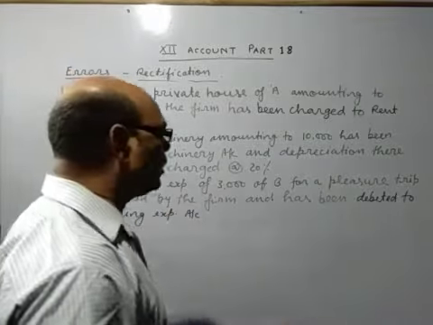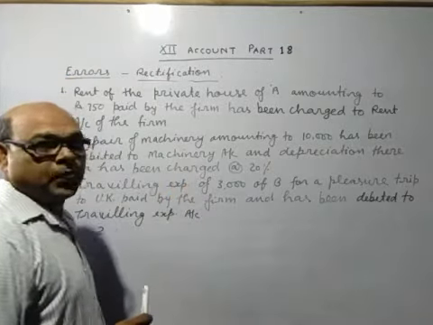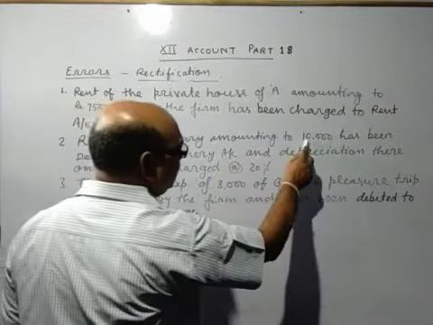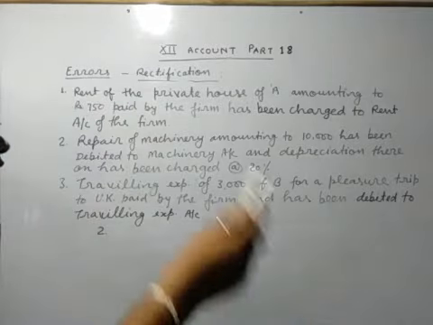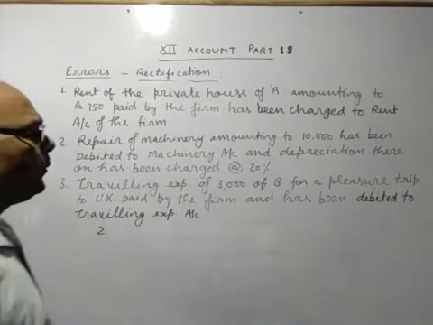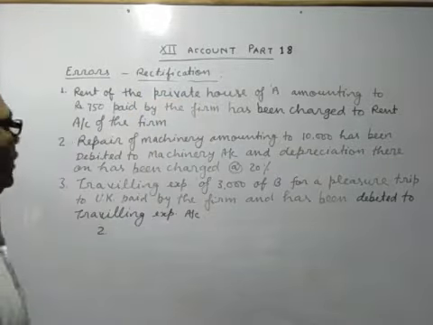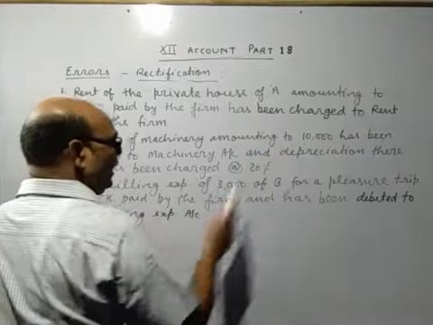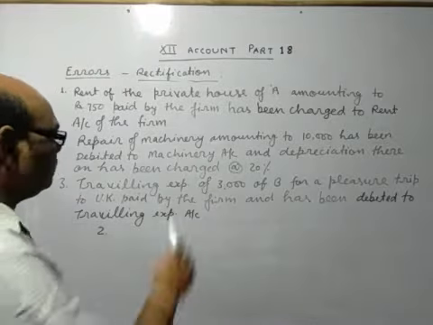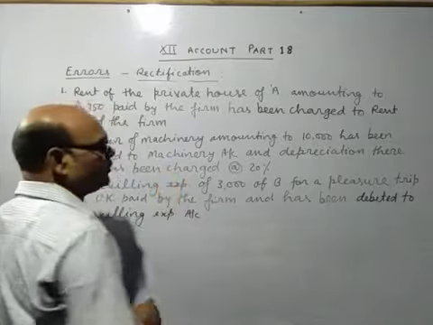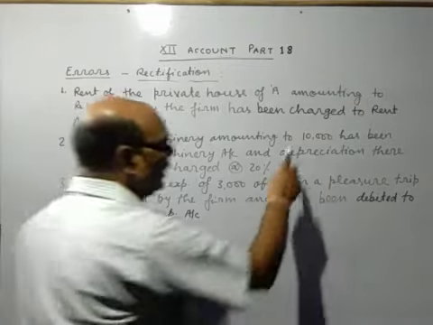But wrongly the firm has debited it to the machinery account. So the repair has not been recorded on the P&L account debit side. If you record it on the P&L account debit side, the profit will be reduced by 10,000. But you have added this 10,000 to the machinery account, so the machinery account is wrongly debited here. So the machinery account will be credited and the P&L account will be debited by 10,000.